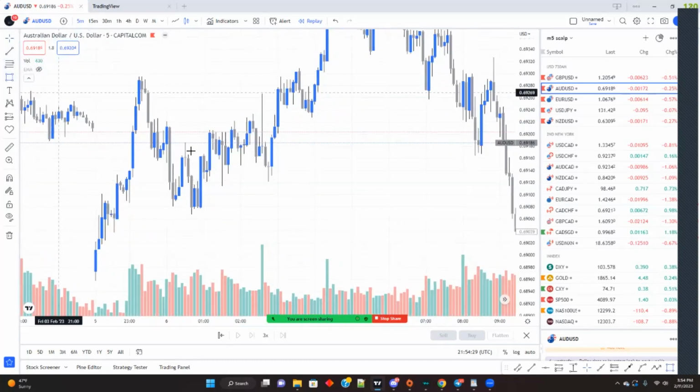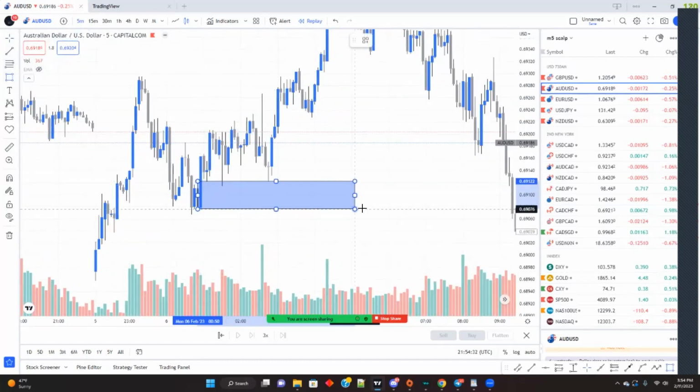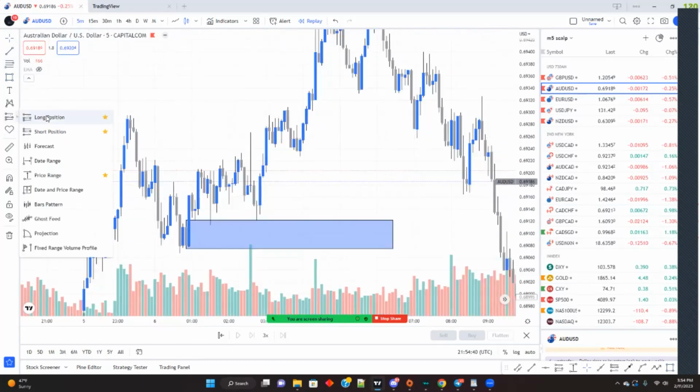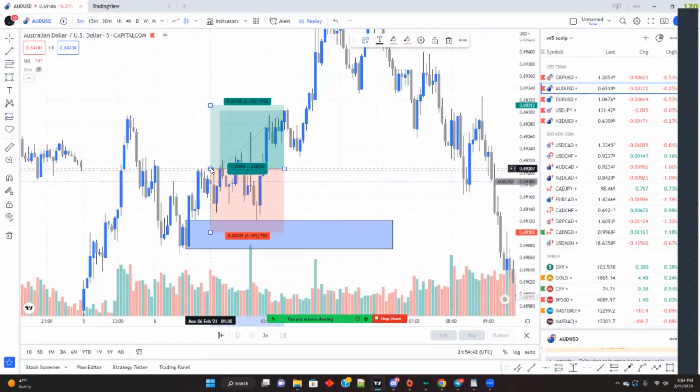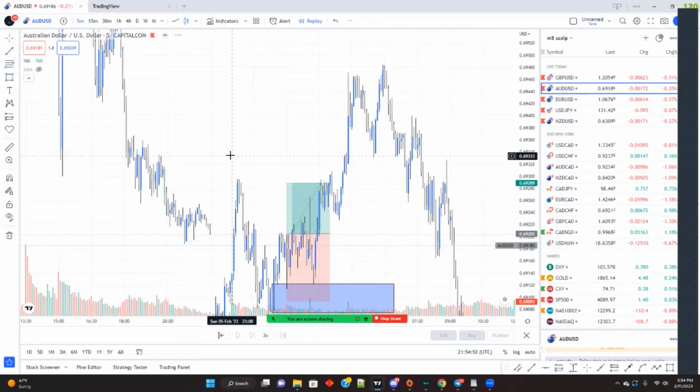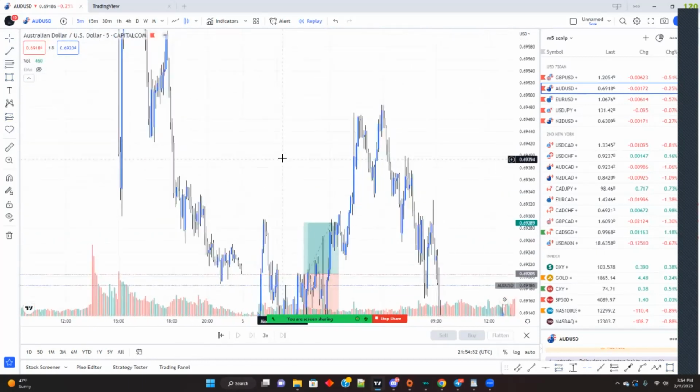Here's a nice setup. Here's a demand right here. Came back, tapped it. And actually, once you tapped it, you want to take the break of that candle. Here, the candle, you put the stop loss either below the zone or below the wick. And you can go for the highs of, see this whole move.